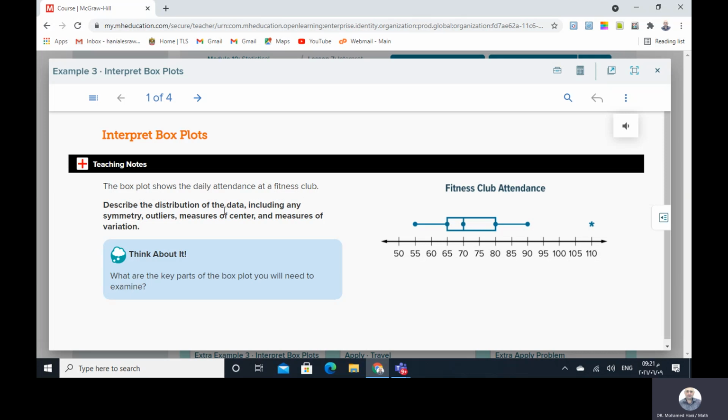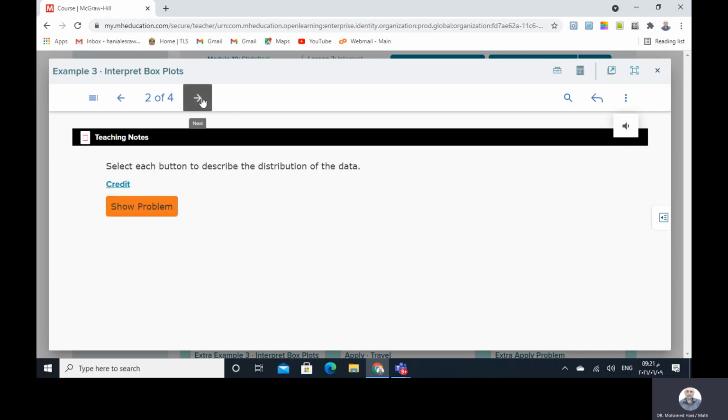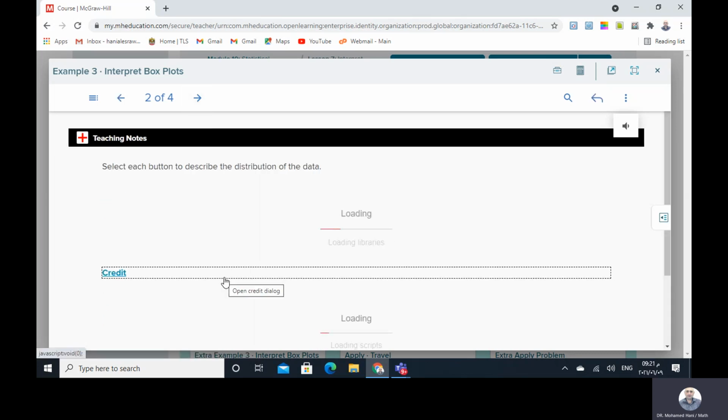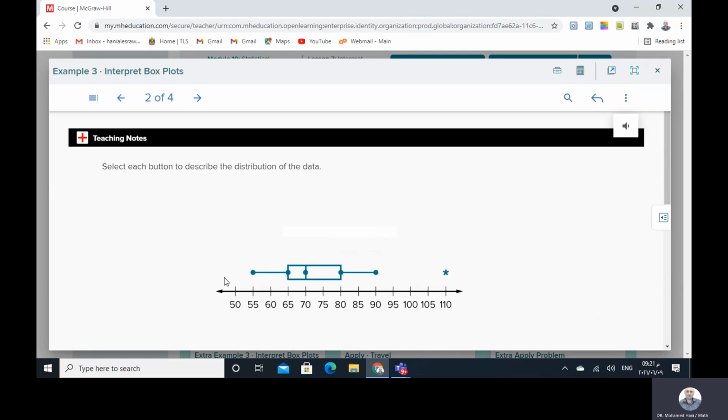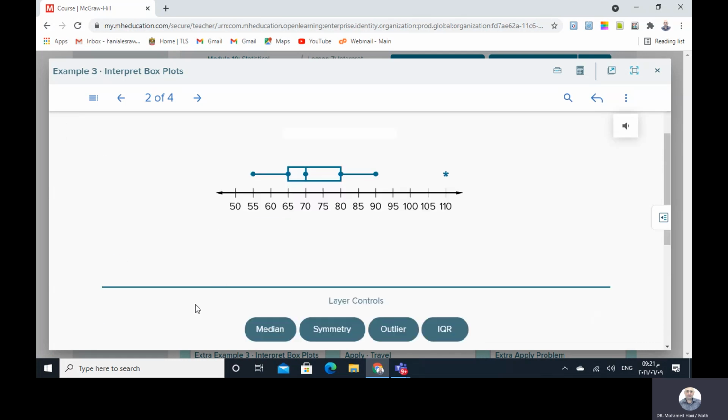Describe the distribution of the data, including asymmetry, outliers, measures of center, and measures of variation. As you see, we have the figure here. So what is the median here? As you see, the median is 70.